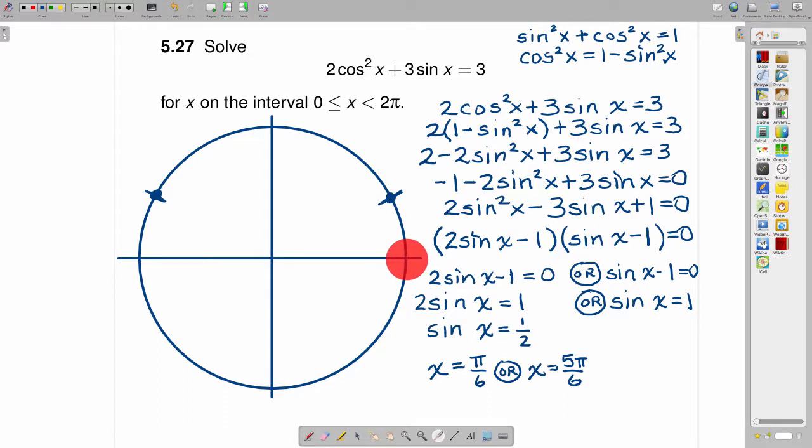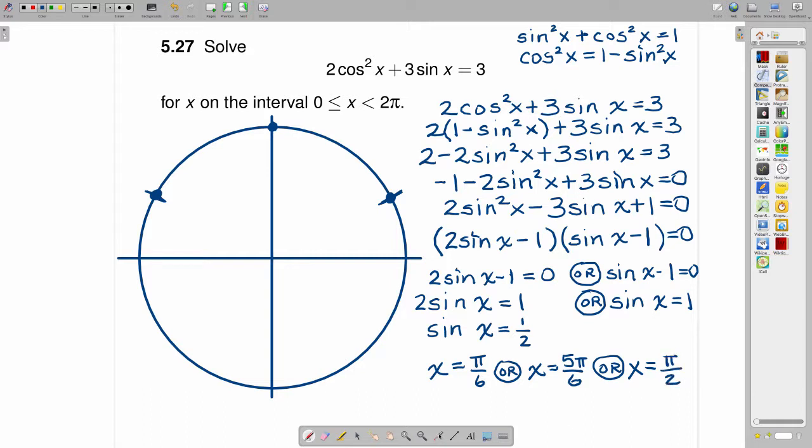The sine starts out at 0 here. It is only 1 at this point, right up there. So that point right there corresponds to the angle x is equal to pi over 2.